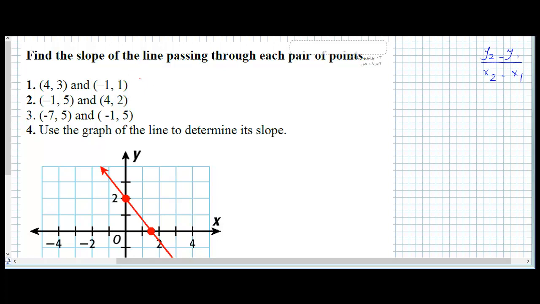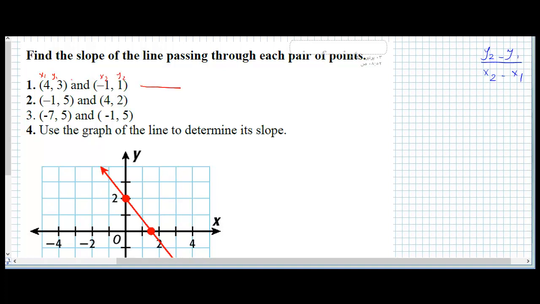We have here the first point. I will assume this is the first point and this is the second point. Of course you can change; you can use any point as first, any point as second. So this one I will call x1, y1, and this x2, y2.